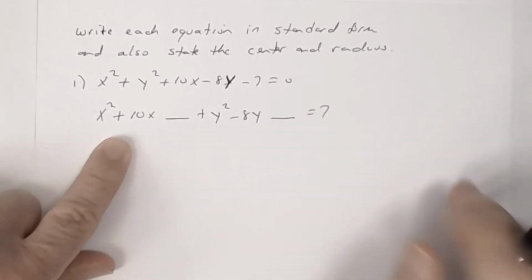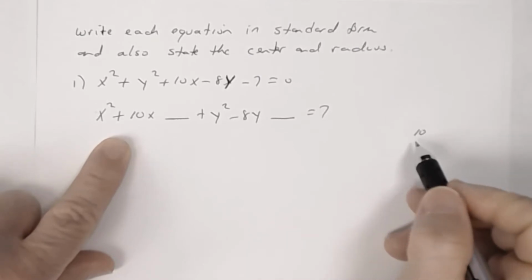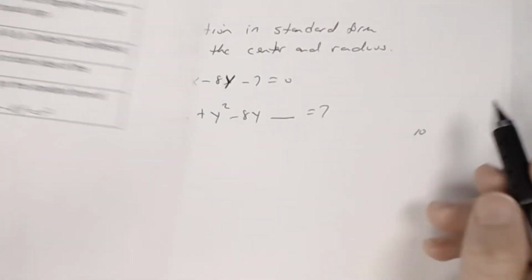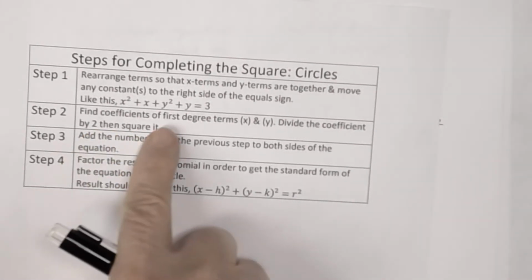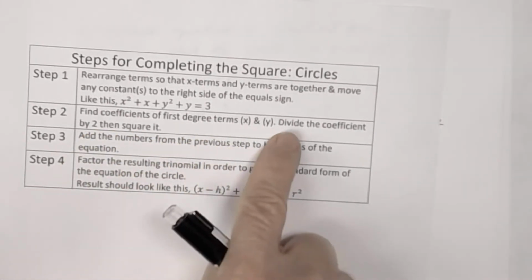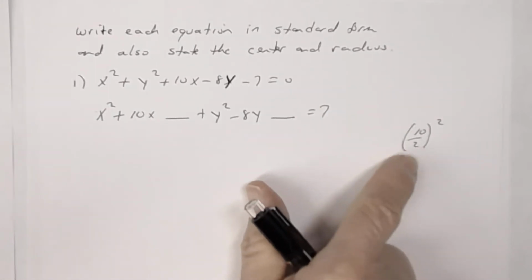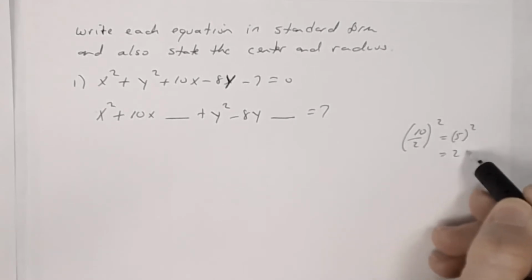All right, so go off to the side and think about this. So I'm going to take the coefficient of x, which is 10. Remember what you got to do now. You got to divide by 2, right? Divide by 2, and then you square that. That's what this says. Find the coefficient of first degree term, divide by 2, and then square it. So 10 divided by 2 is 5, and 5 squared is 25.